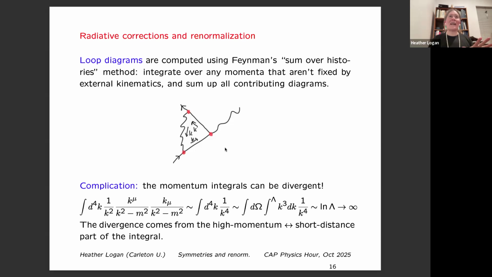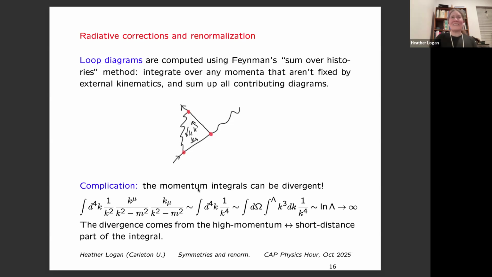So all possible ways means all of the different diagrams that can contribute, but then also if there's a momentum that's not fixed by the incoming and outgoing momenta of the external particles, you have to integrate over that momentum because that's all the different ways the process can happen, okay? So you integrate over this momentum that isn't fixed by the external kinematics, you sum up all the diagrams.